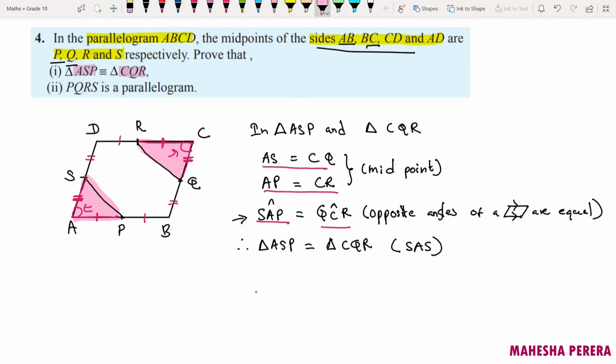Okay, right. Now, next question. We need to prove that PQRS is a parallelogram. Where is our PQRS? This means we need to join RS and PQ. Here is our quadrilateral PQRS.